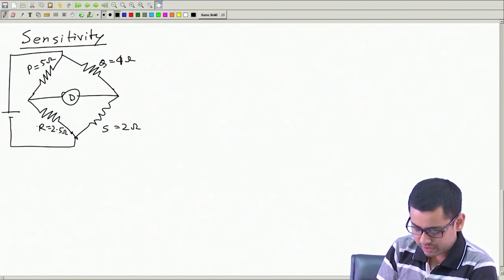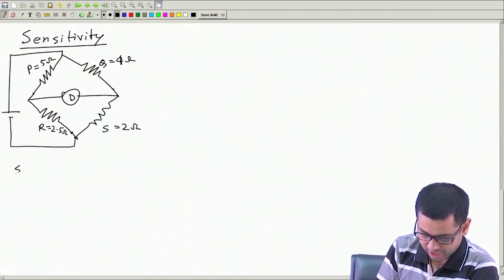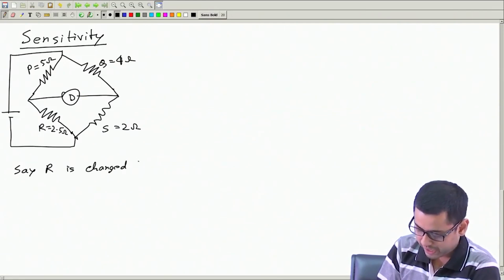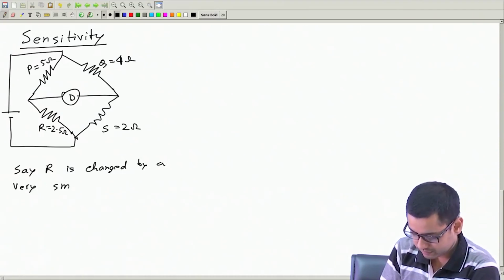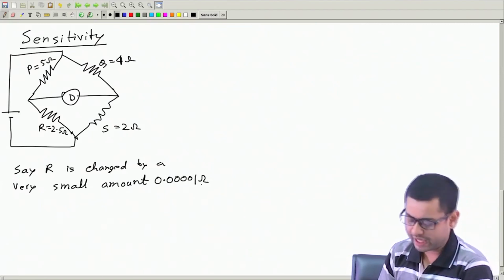But suppose this unknown R, or this measurable quantity which we are measuring, is changed by a very small amount, say 0.0000001 ohm. So small as you can think.